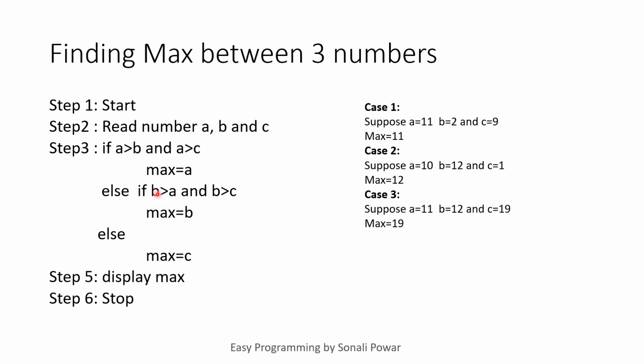And I am checking 12 is greater than 11, yes this condition is true, 12 is greater than 11, but I have written AND, और B जो है वो C से भी बड़ा है, what is the value of B, B is 12, 12 is greater than 19, here this condition is false, so it will not go here, it will jump to the else condition. Now here I am not writing anything, I am just directly saying max is equal to C. So what is the value of C, it's 19, so max becomes 19.